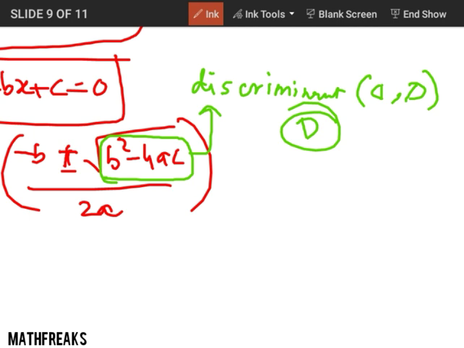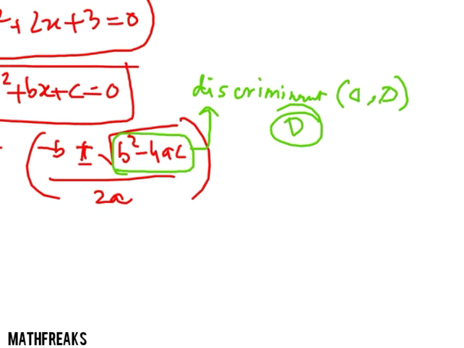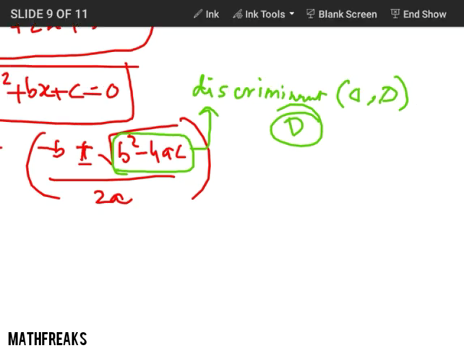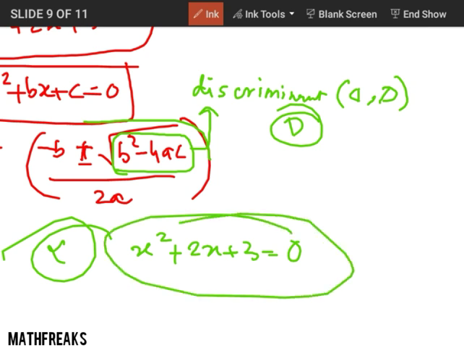Now you know about the roots of an equation. See from this, say alpha is a root of equation x square plus 2x plus 3 equals to 0. If alpha is a root of this equation, then if you put alpha in place of x, the equation will still be satisfied, correct?